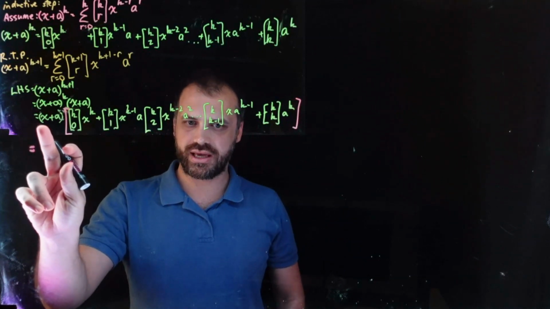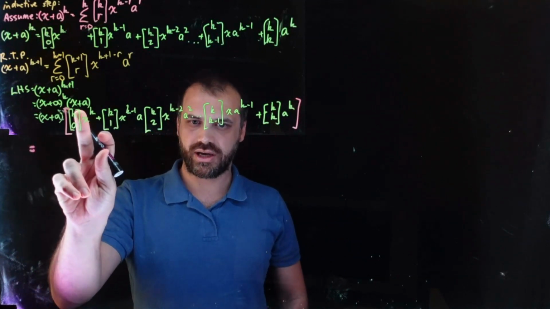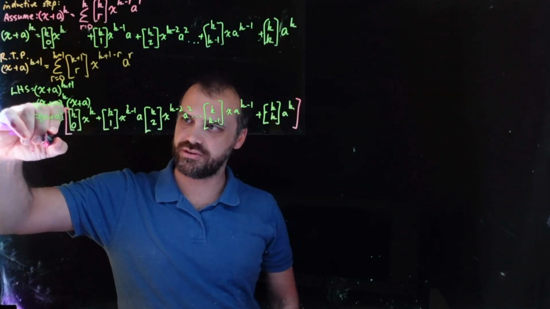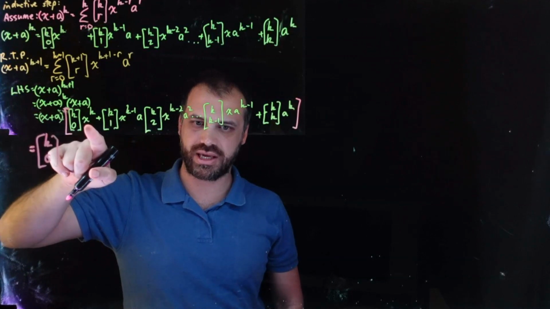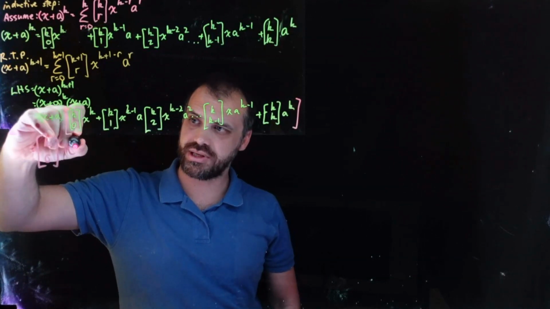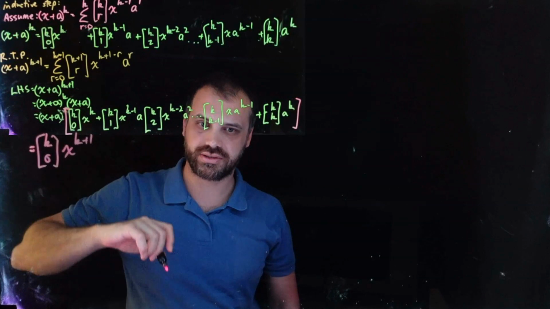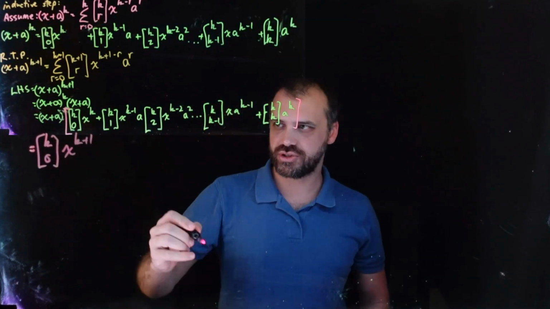So if I do x times all of this, I get that k choose 0 out the front. And then it's x times x to the k, and so that's going to be x to the k plus 1. So that's my first term there.